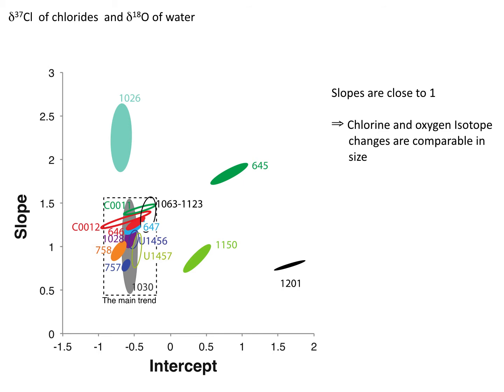This reinforces the idea that the majority of the lines are very close. They are in the small box. The other lines are clearly different: 1026, 645, 1150, and obviously 1201. We note that the slopes of these lines are close to 1. This indicates that the variations in delta O18 are of amplitudes comparable to those of delta 37 chlorine.